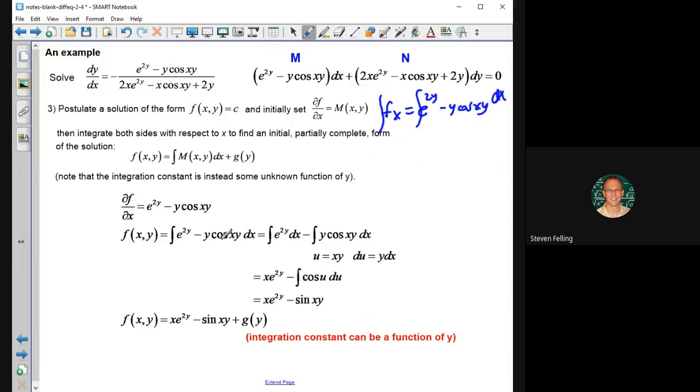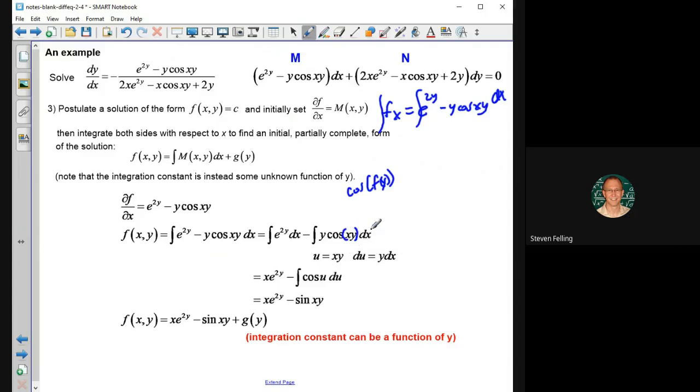And over here, the y is just a constant, but we have cosine of a function of x, so there's an inside function. So I am going to do a u substitution. u is xy, so du is y times dx, because y is considered a constant while we're doing this.